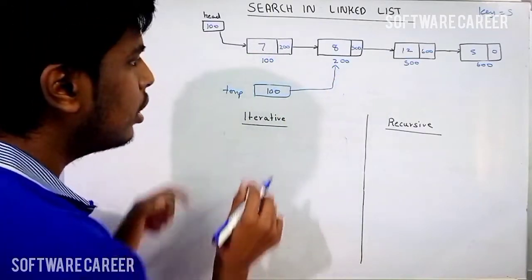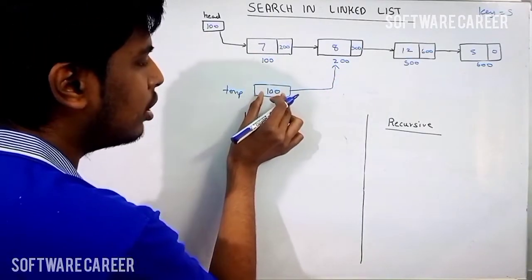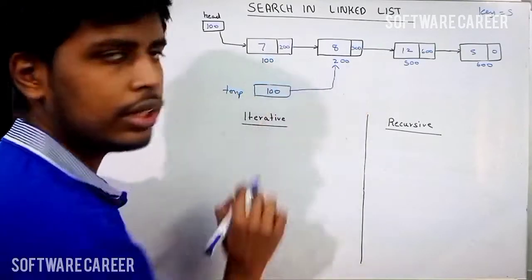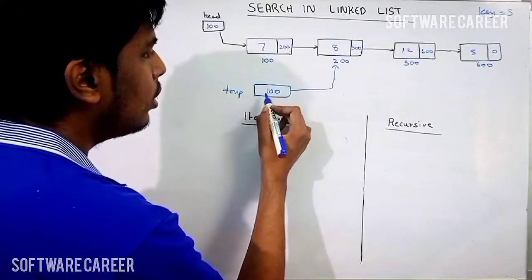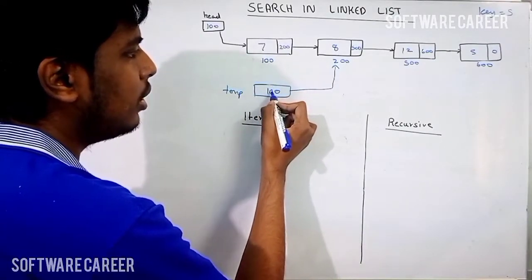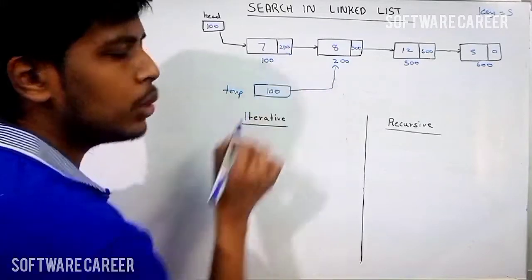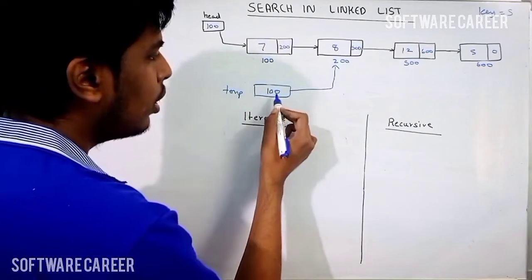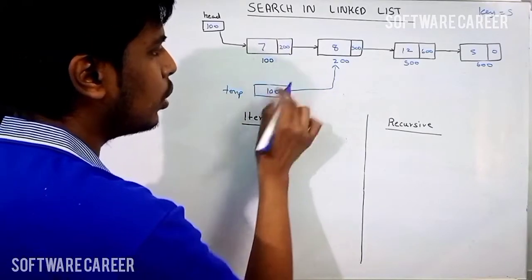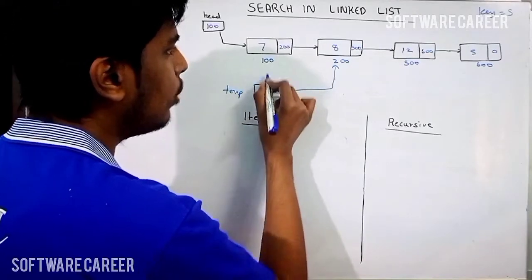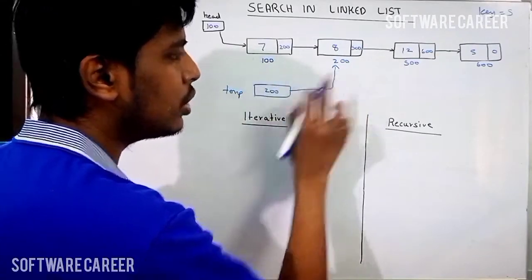How can you move it? You should change the value in the temp pointer from 100 to 200. Temp should be equal to temp next. Temp is 100, and 100's next is 200. The name of this pointer is next. So this value changes to 200, and the pointer changes from pointing to the first node to pointing to the second node.